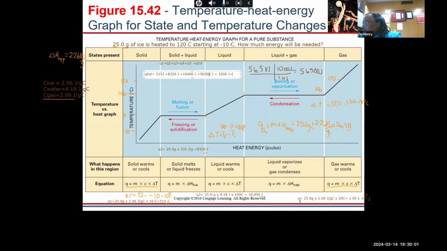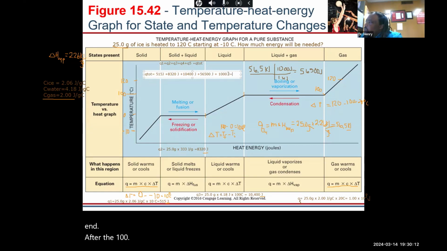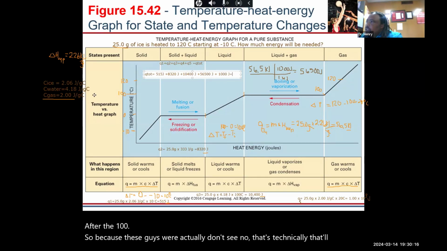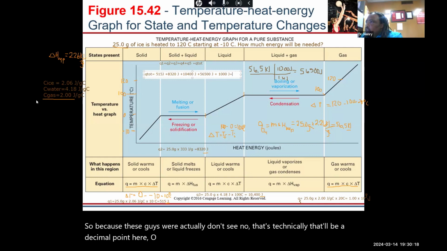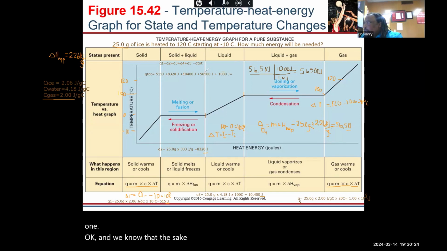So we take a look at significance. Our significance is going to end after the 100. No, technically there'll be a decimal point here. So I'm going to draw a line to let us know the sig figs for this one, and the sig fig for that one is going to be here.